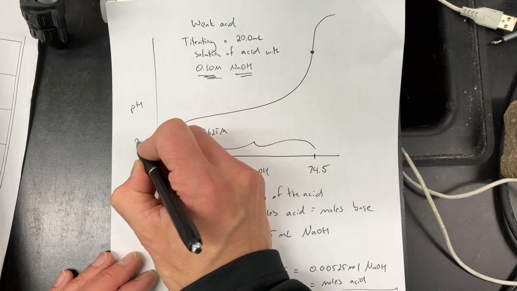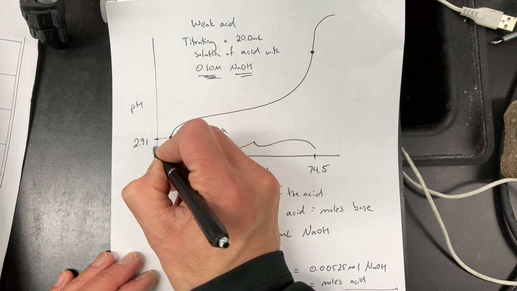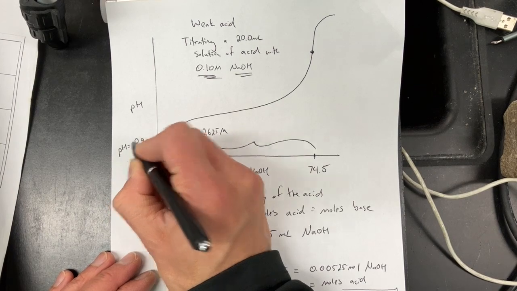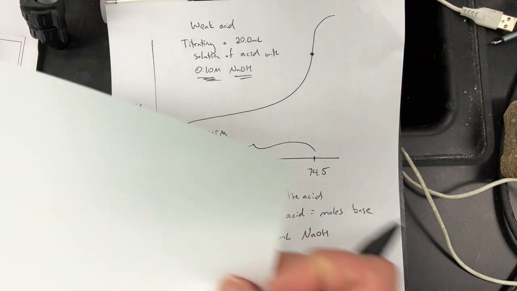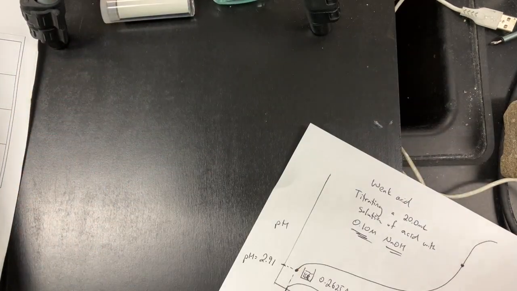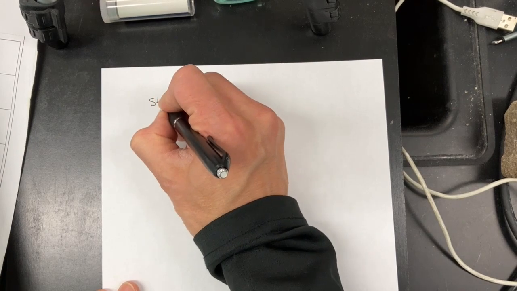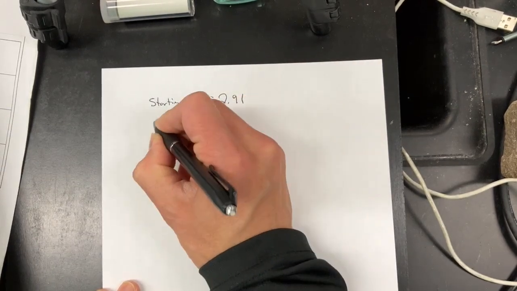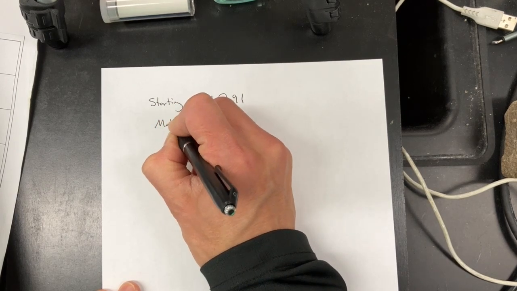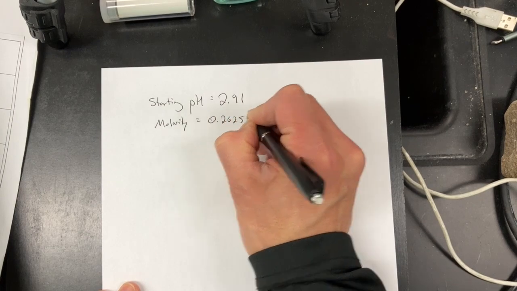So let's say my pH, I'm just gonna make up a number here, is 2.91. Okay, so how do I do that? So let's take this information. My starting pH is 2.91. My molarity is 0.2625 molar.